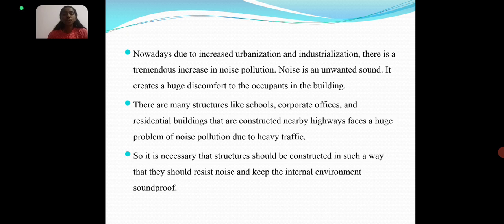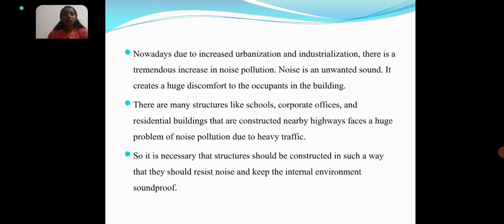They face a huge problem of noise pollution due to heavy traffic. In hospitals, the patients get disturbed, and in the school, the students cannot concentrate properly. So, it is necessary that the structure should be constructed in such a way that it should resist noise and keep the internal environment soundproof.